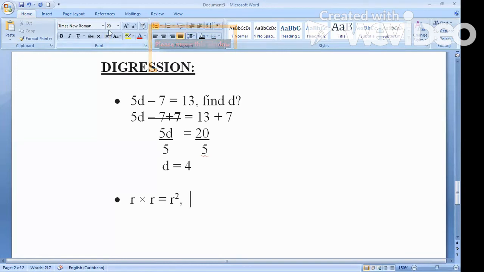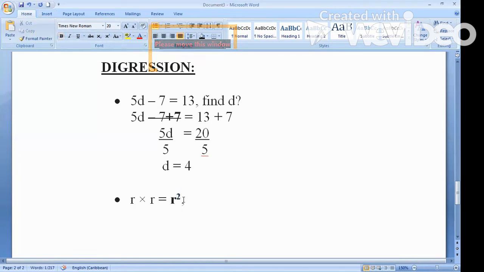Now, suppose I want to get rid of the square of the r. What would I do? Anybody know?